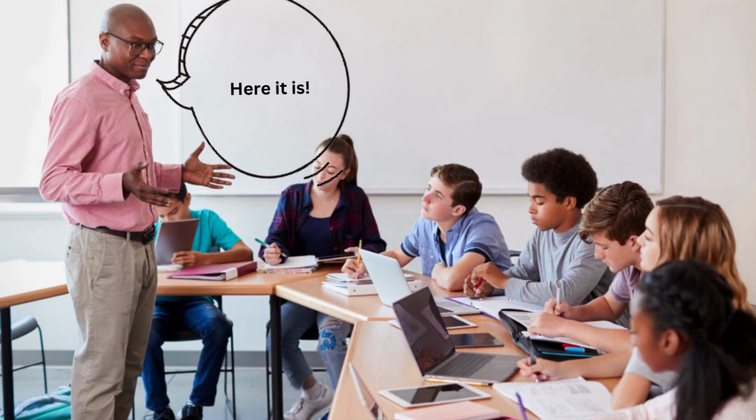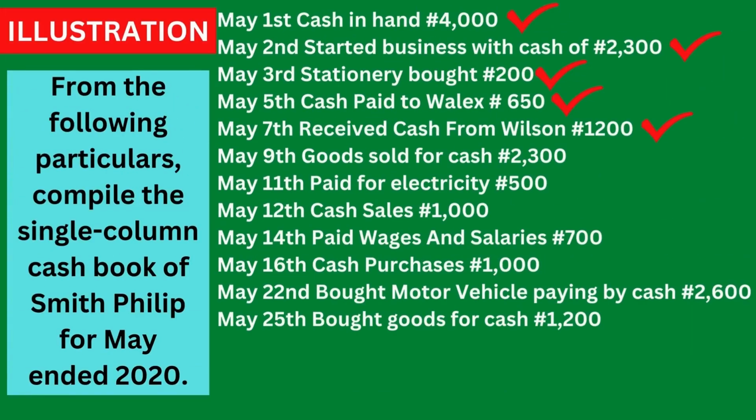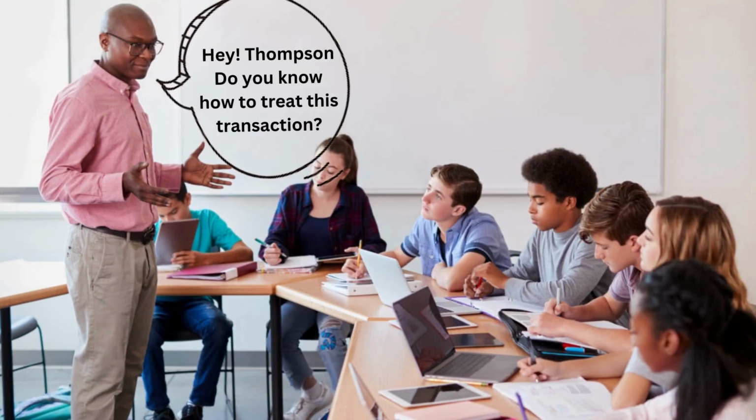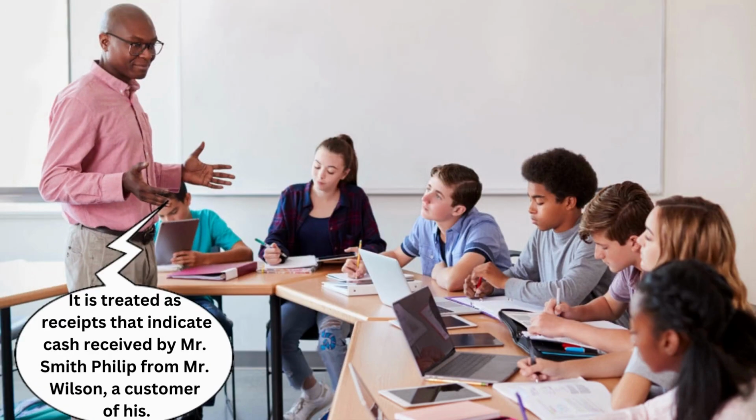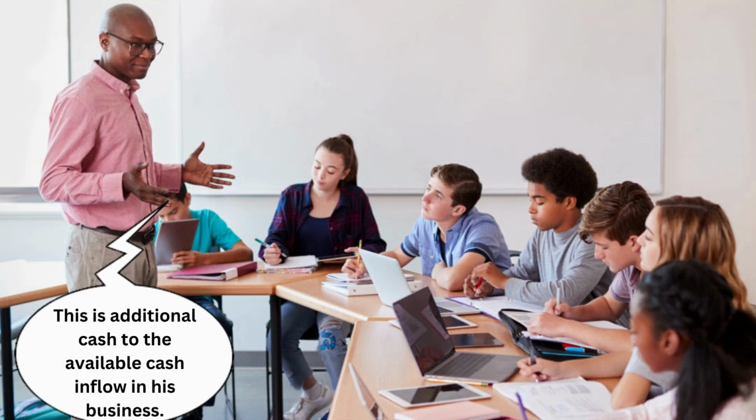The fifth item read thus: May 7th, received cash from Wilson, 1,200 naira. A. Thompson, do you know how to treat this transaction? Yes, I do. It is treated as receipts that indicate cash received by Mr. Smith Philip from Mr. Wallace, a customer of his.